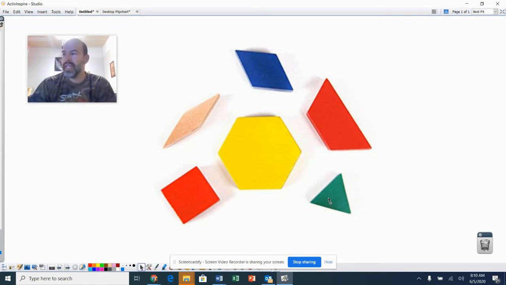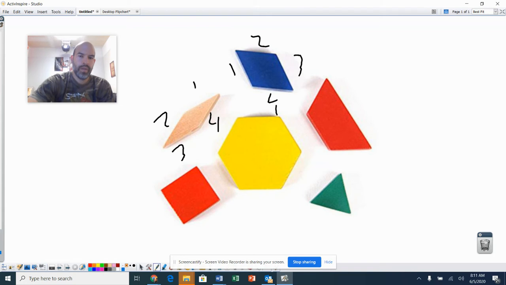do some faces have things in common? Well, if we look at them, if they have four sides, like this one here, we have 1, 2, 3, 4, 1, 2, 3, 4, 1, 2, 3, 4, 1, 2, 3, 4.